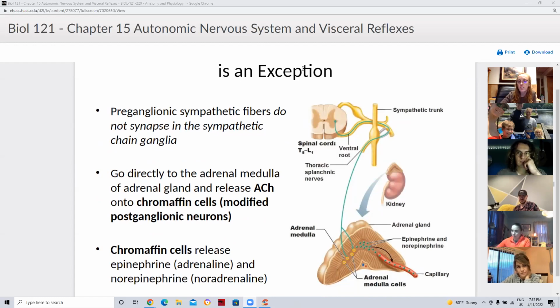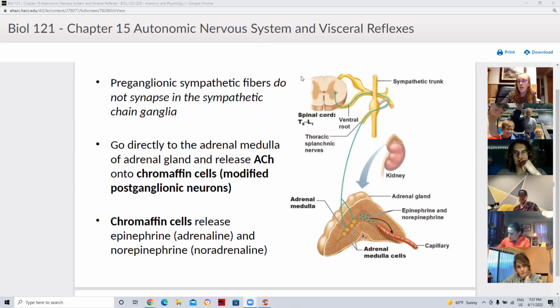The chromaffin cells are modified cells that are going to release epinephrine and norepinephrine, or adrenaline and noradrenaline. So they're modified postganglionic neurons that can respond to the preganglionic neurotransmitter acetylcholine.